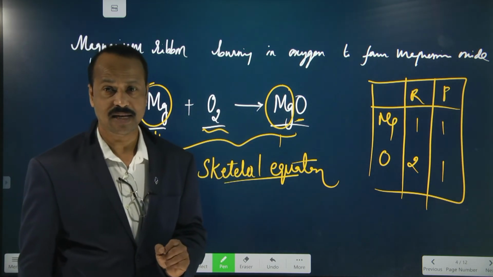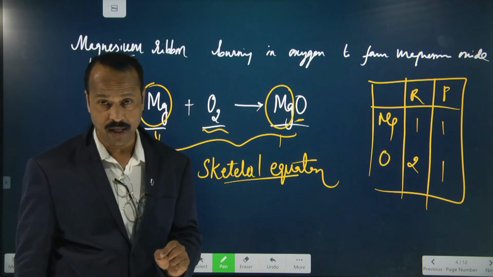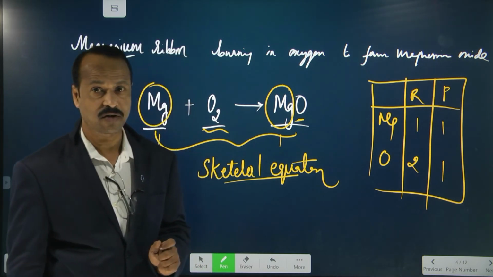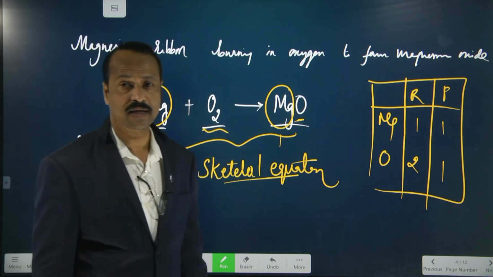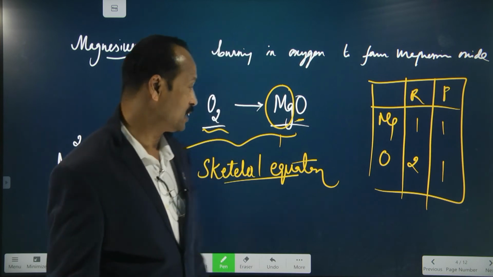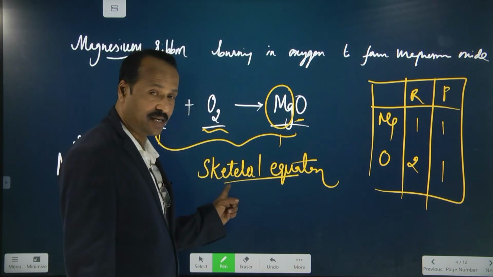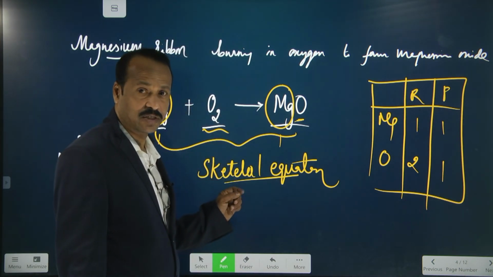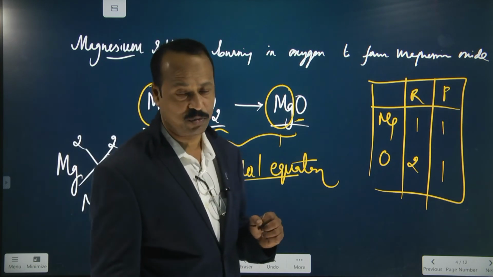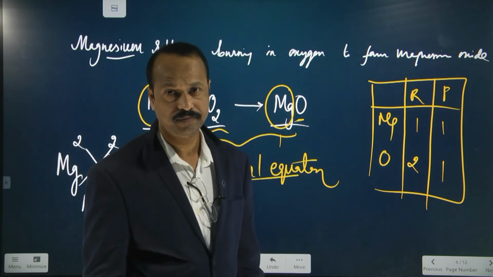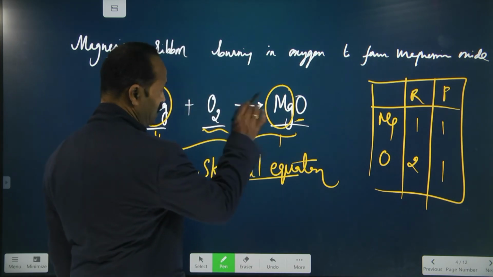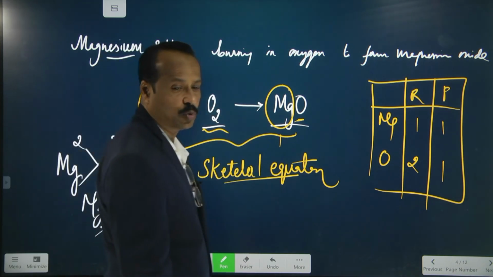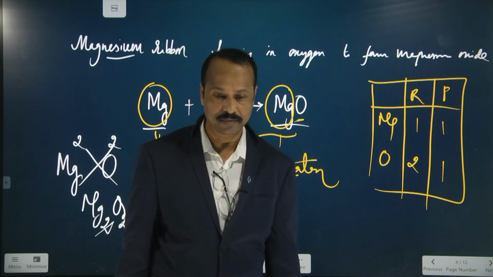And this skeletal equation does not obey the law of conservation of mass. The total number of atoms on the reactant side is not equal to the product side. So this is called a skeletal equation, and it is also called an unbalanced equation. What is it called? Unbalanced equation. So when you write this equation in the examination, you don't get the marks. Clear?